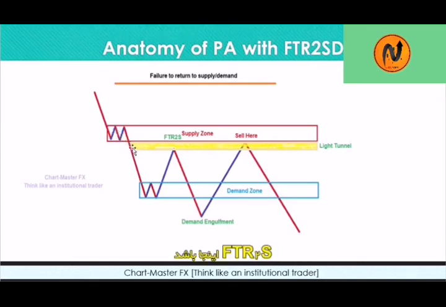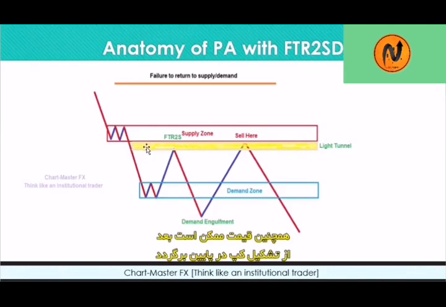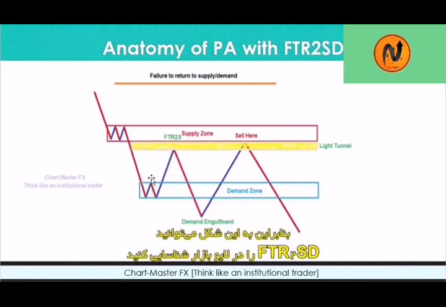So your FTR to supply may be at this immediate point. Or it might come after a while, after the price has created a cap area to the downside. So guys, this is how you can spot the FTR to supply or demand on the live market.